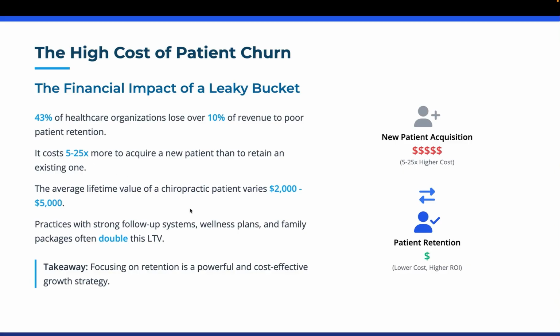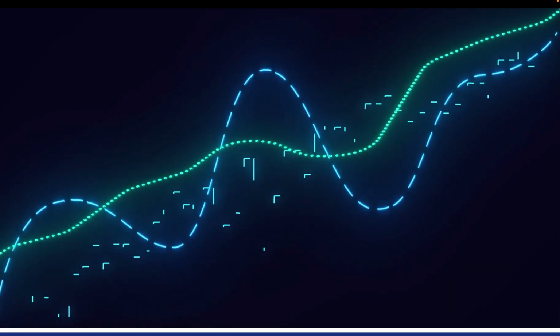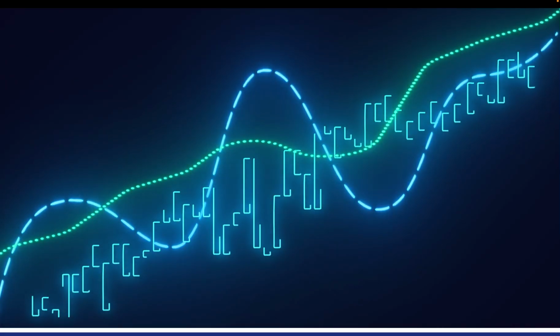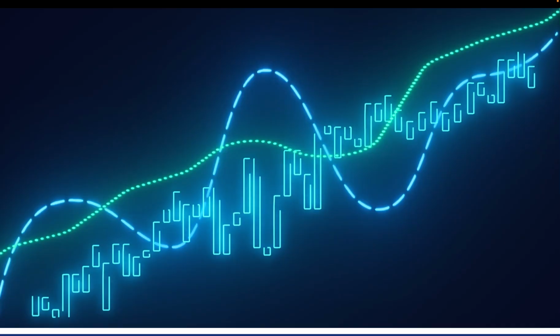If we look at an example of chiropractic patients, the lifetime value, LTV, of a chiropractic patient could be in the range of $2,000 to $5,000. But if you have a strong follow-up system and different plans, and you bring the patients back, you can actually double the value of every patient with this approach. So that's significant for your business.